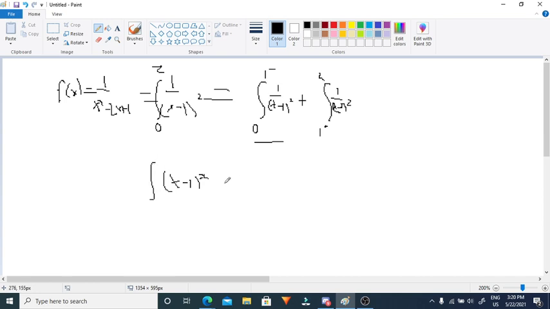So the integral of this is just going to be negative x minus 1 to the negative 1, which we know when we take the derivative of this, the negatives will cancel, and this will go to negative 2. So this is the integral.